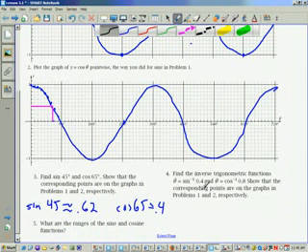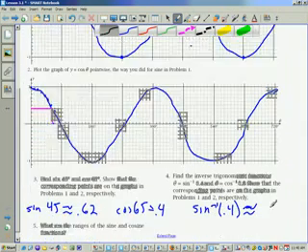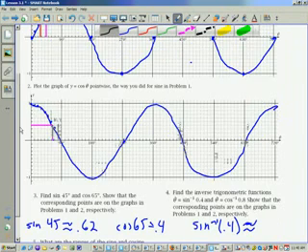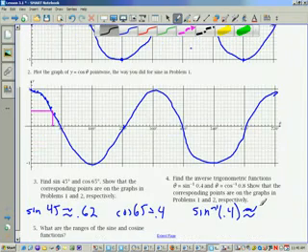So I'll say the inverse sine of 0.4 is about 10, 20, a little over 20, 26 degrees.